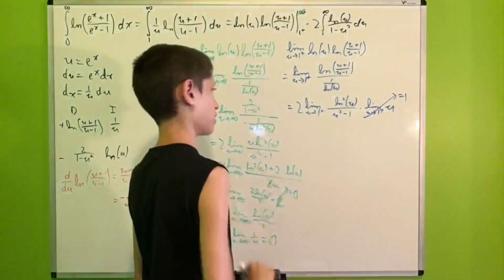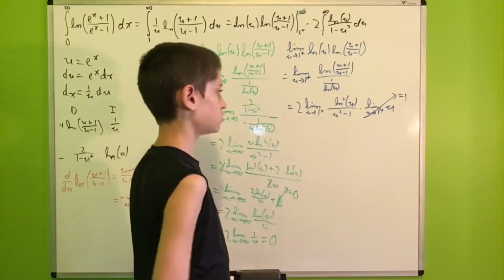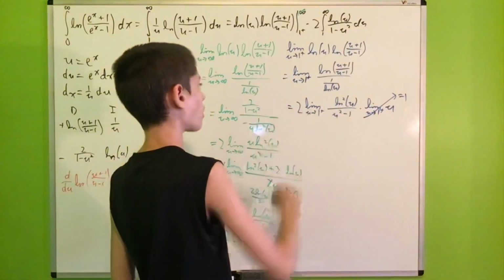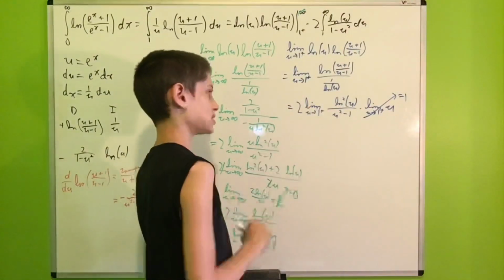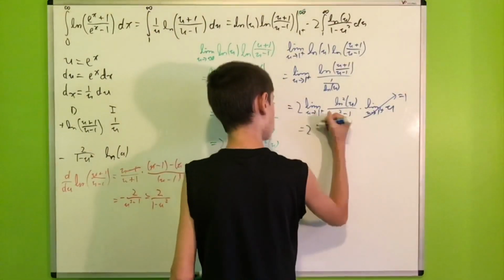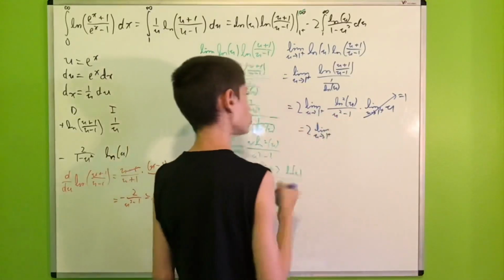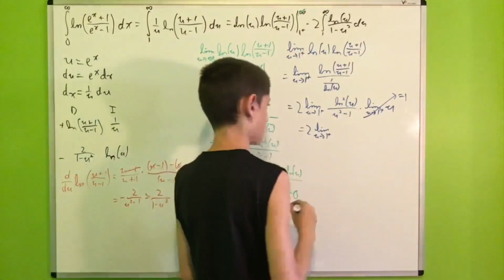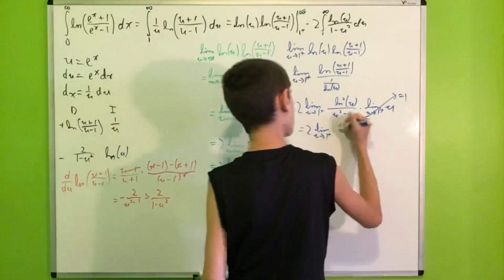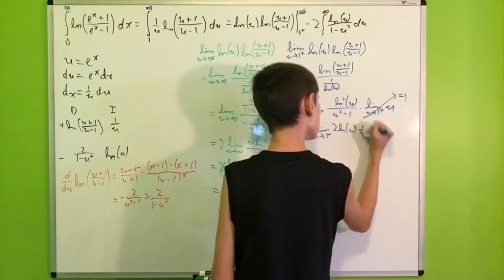Nothing too scary there. And for this limit, natural log of 1 is 0, 0 squared is 0, 1 squared minus 1 is 0, so we have 0 over 0, which means we can use L'Hopital's rule. So we have 2 times the limit as u goes to 1 from the positive branch. On the top we'll get 2 natural log of u times 1 over u.